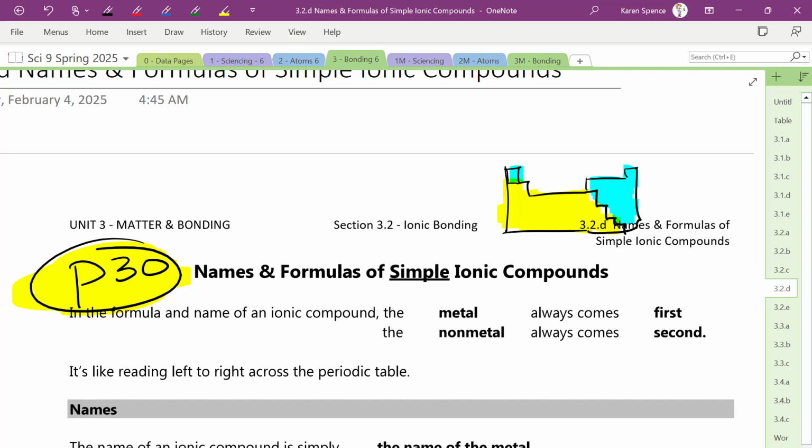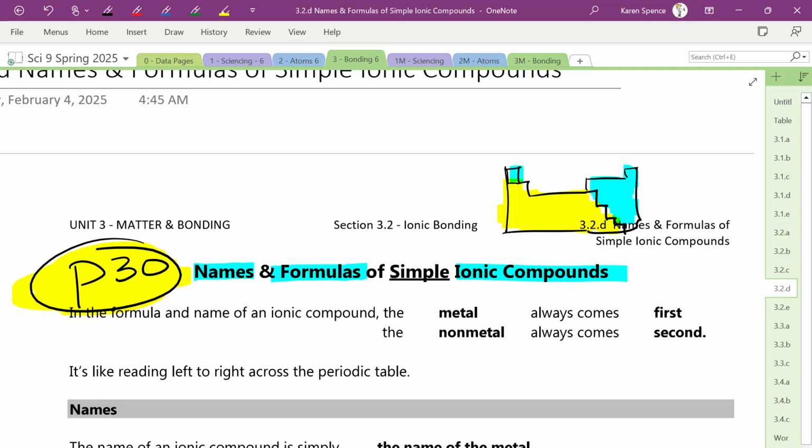So we are going to be looking at writing the names of some ionic compounds and the formulas of those compounds. And just like on the periodic table, the metal goes on the left and the nonmetal goes on the right. So if you're naming it, you'll notice sodium comes first, chloride comes second, metal, then nonmetal.